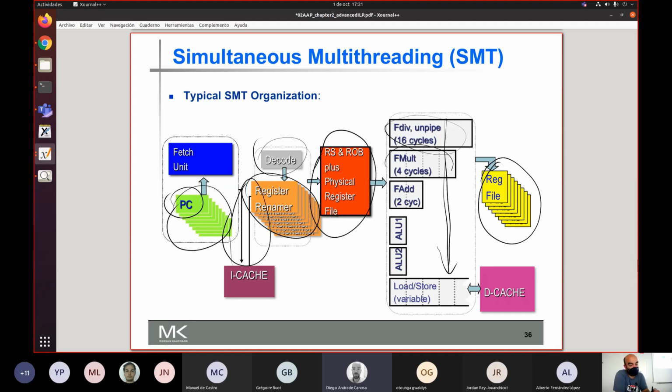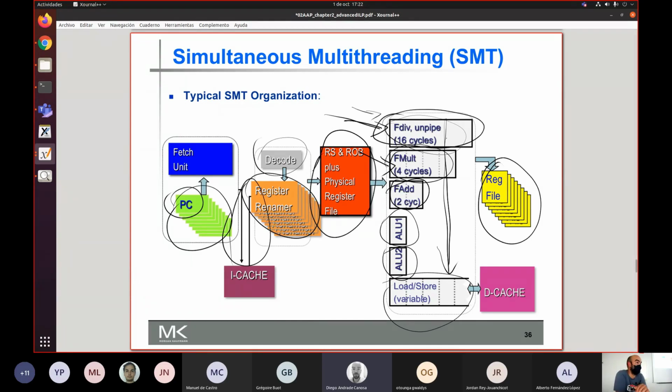Because if your scheduler is smart, it's going to put a division of one thread together with a multiplication of another thread. But obviously not with another division of another thread, because if that happens and this unit is not replicated, then you are going to have a problem.